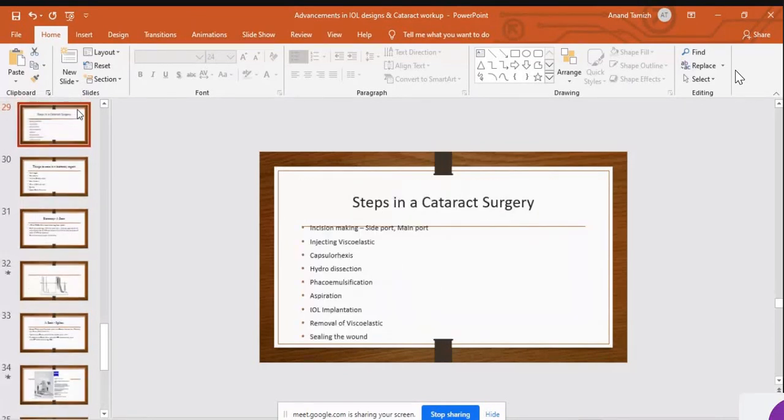Here, I spoke about the incision making, the main port. If the doctor is doing a micro incision surgery, that micro incision is the main port. So the incision the doctor makes to inject the IOL is the incision axis.